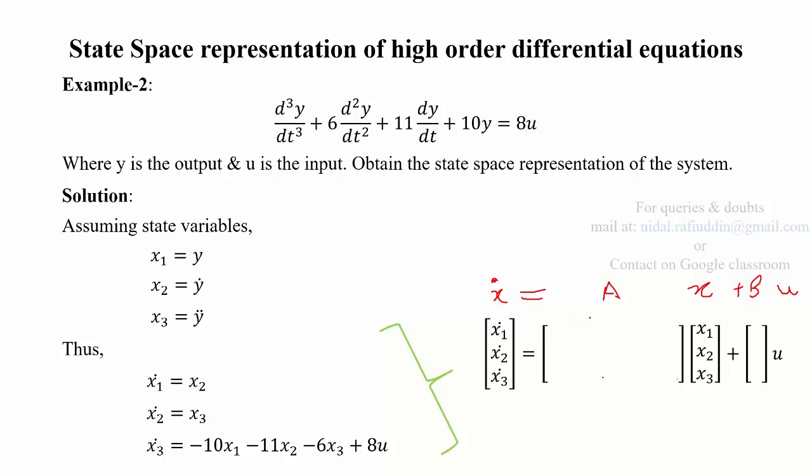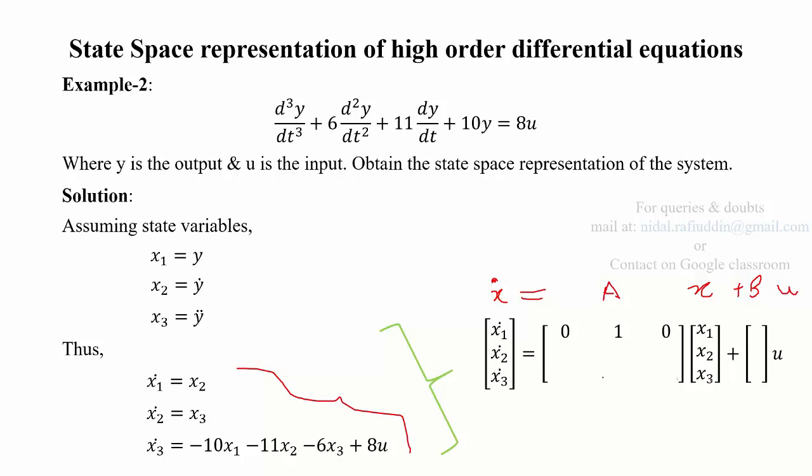If you look at these equations, you see that x1 dot is equal to x2 only, which means that you are going to write x1 dot equal to 0 multiplied by x1, and since you have only x2 here, this will be 1 multiplied by x2, and all other elements should be taken as 0, so 0 multiplied by x3, and then plus 0 multiplied by u.